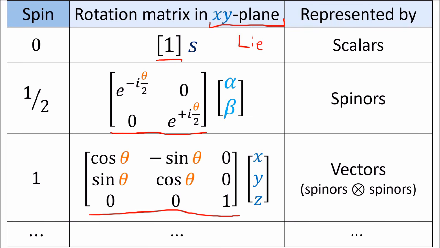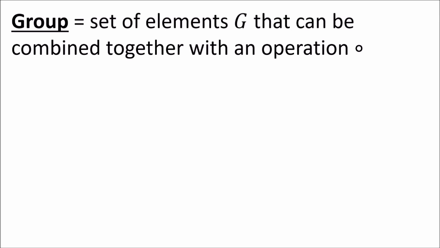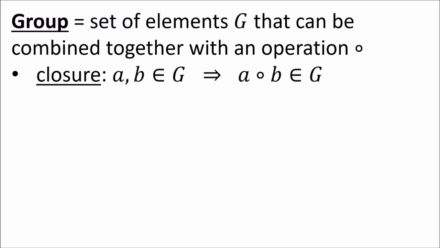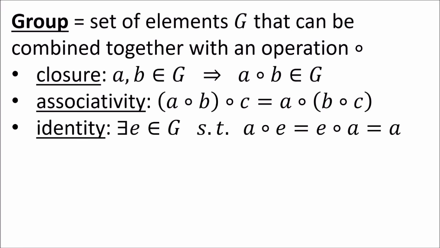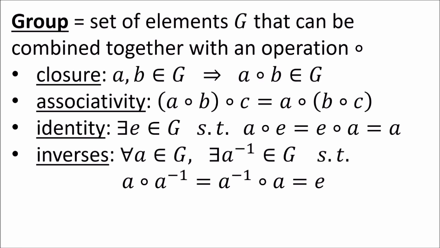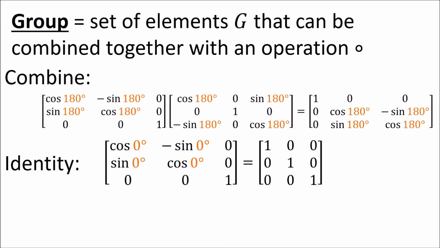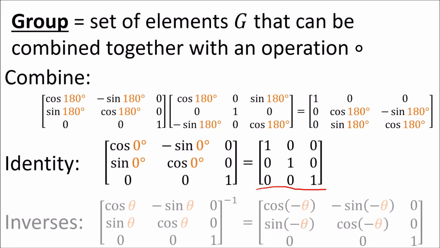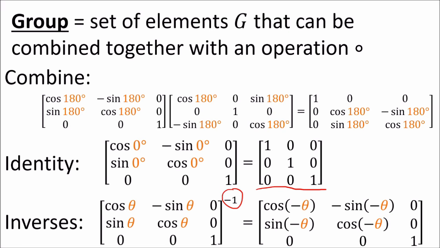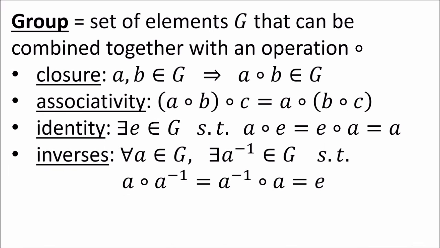We say these matrices belong to Lie groups. In mathematics, a group is a set of elements that can be combined together and obey certain properties, such as having an identity element and inverse elements that undo transformations. Since we can combine two rotations into another rotation, rotate by 0 degrees to get the identity matrix, and take the inverse of rotation matrices to undo rotations, sets of rotation matrices form a group.